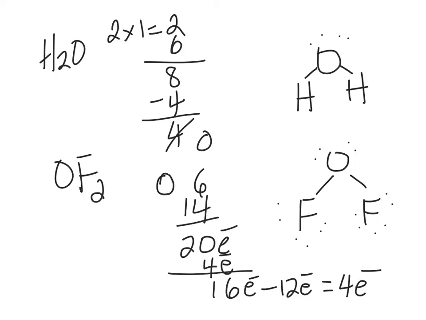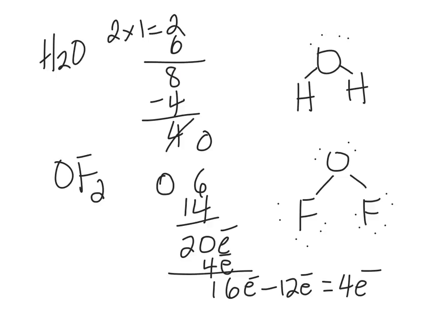There you go. Oxygen now is surrounded by 8. We've used 2, 4, 6, 8, 10, 12, 14, 16, 18, 20. 20 electrons. Okay? Ready for one more?